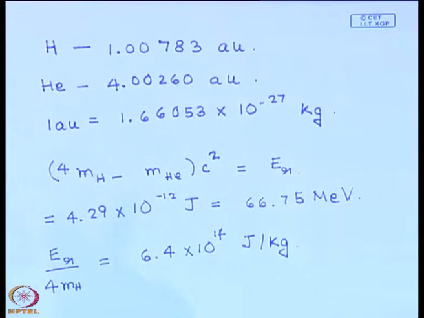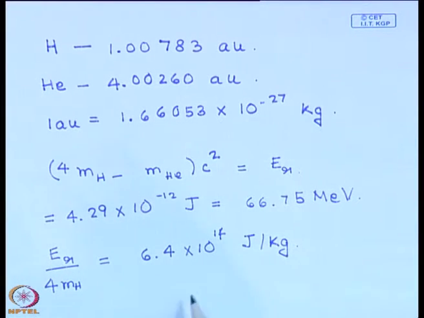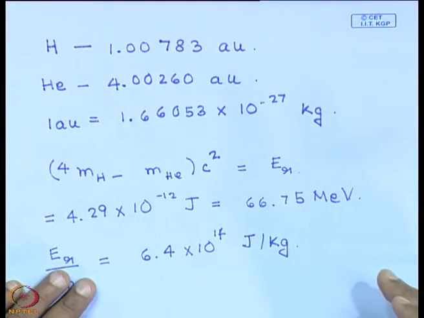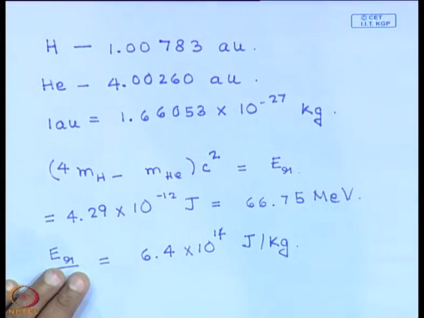Just to make an estimate, 10 grams of hydrogen are sufficient to provide all the fuel that an individual living in an advanced country, not in India, our fuel consumption is extremely small, requires in his entire lifetime. Just 10 grams of hydrogen.